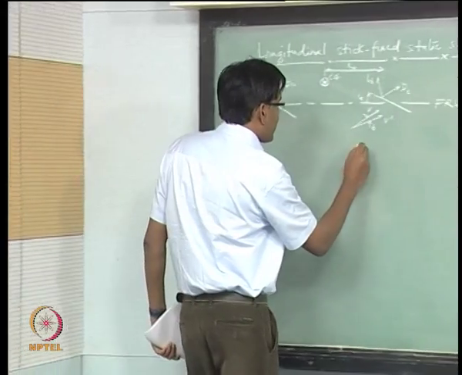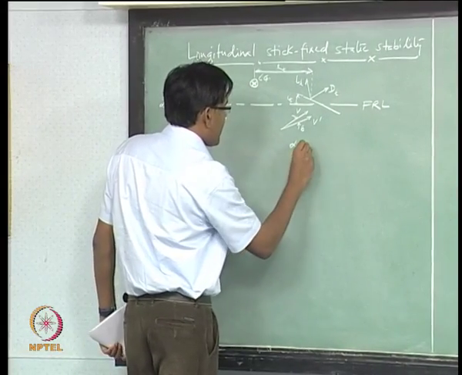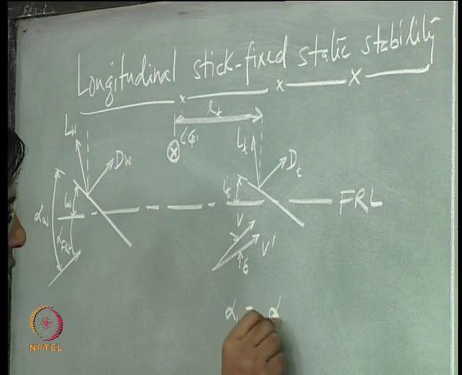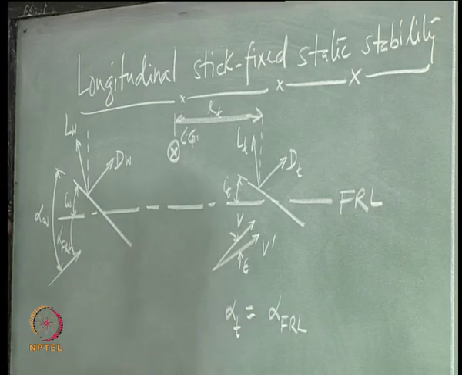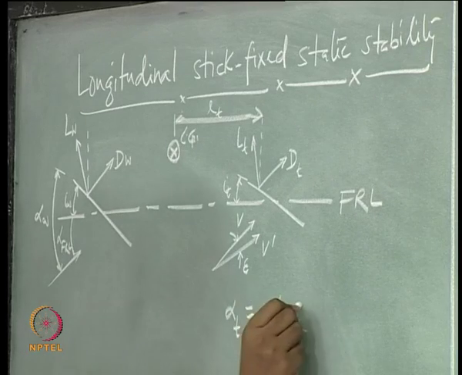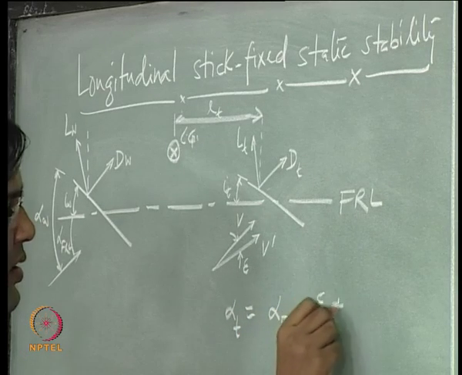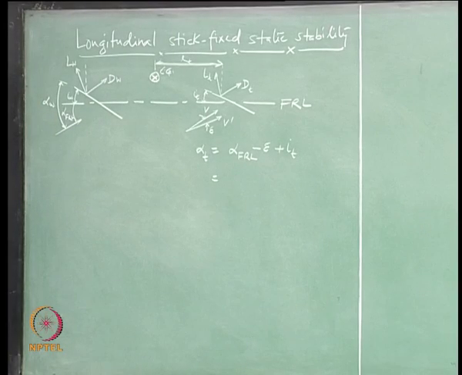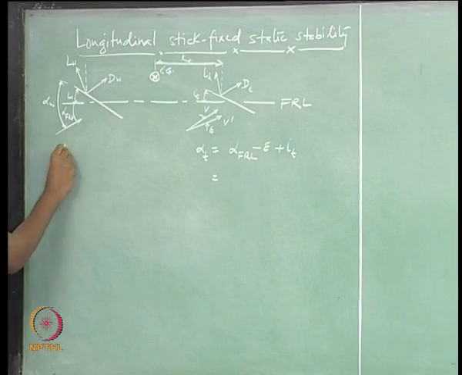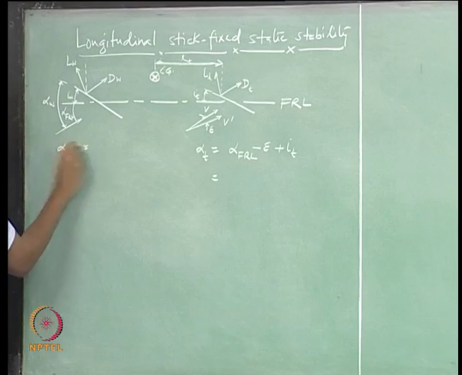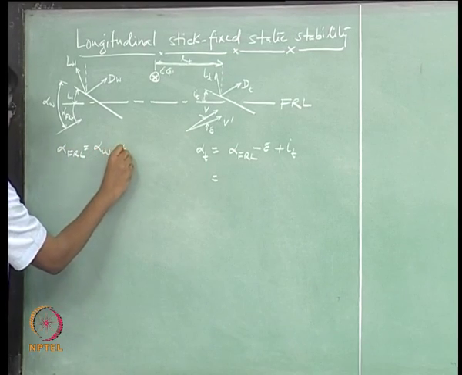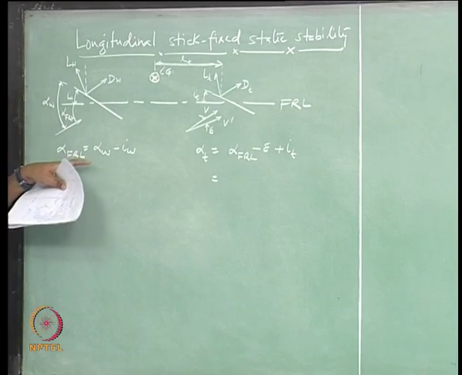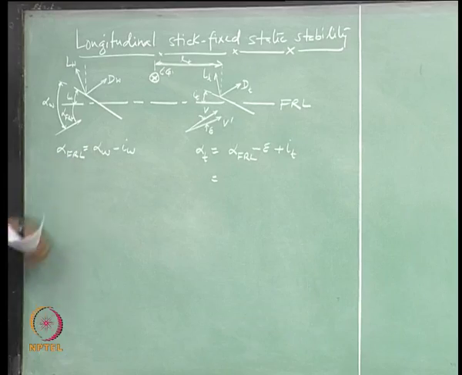So, the angle of attack that a tail will see is, right, and alpha FRL is alpha W minus IW.